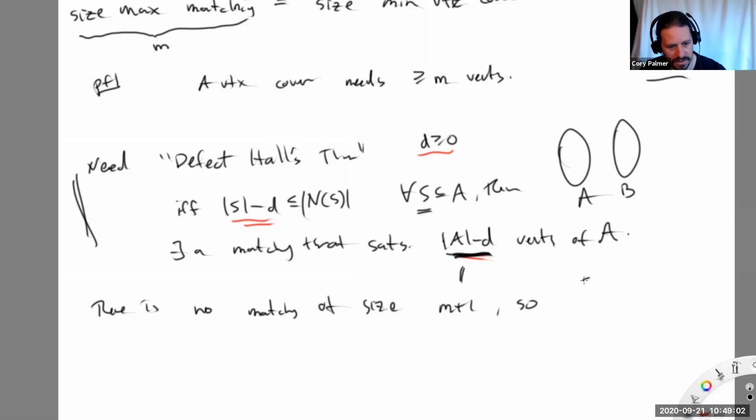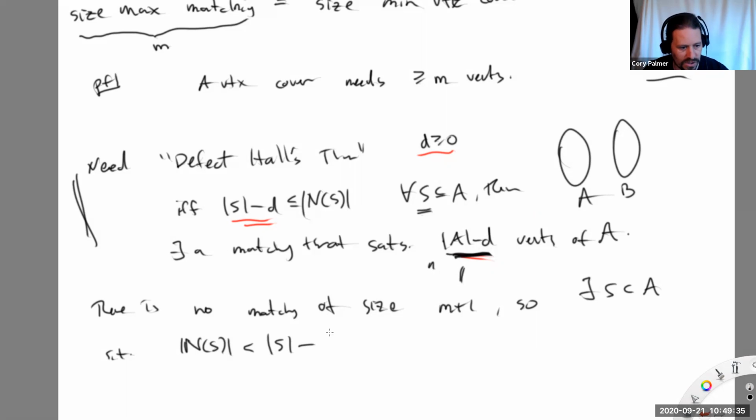So there exists an S subset of A such that the neighborhood of S fails to be greater than or equal to size of S minus D. This is a little bit awkward here. If m plus 1 equals A minus D, where A is the number of vertices in a class, I'm going to call this N. And D is then determined by N and m plus 1.